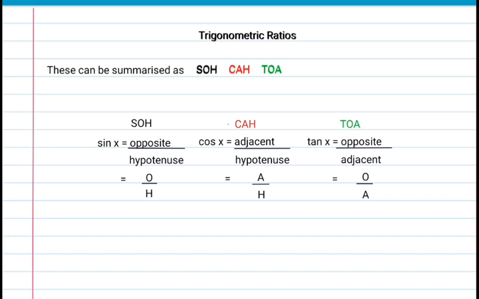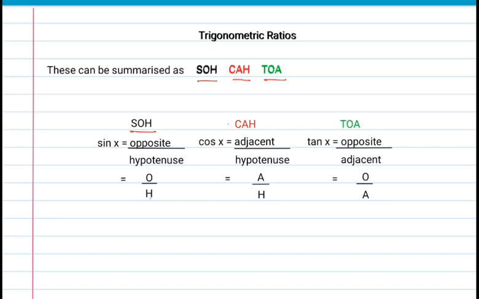Finding the sides of the right-angled triangles can also help us to determine the trigonometric ratios. For the trigonometric ratios, we make use of the formula SOH CAH TOA. SOH represents sine x, which is equal to the opposite over the hypotenuse.